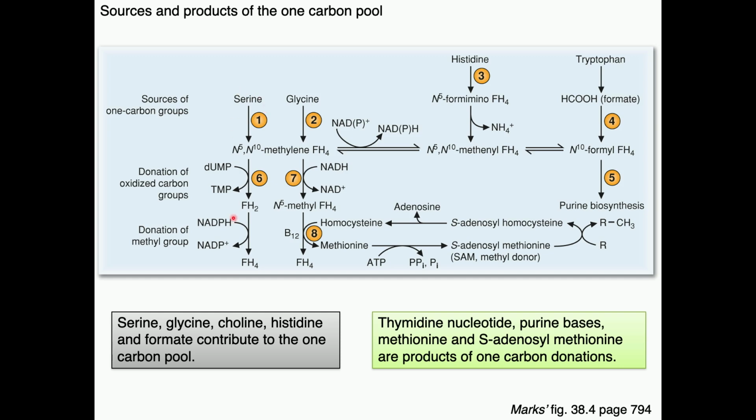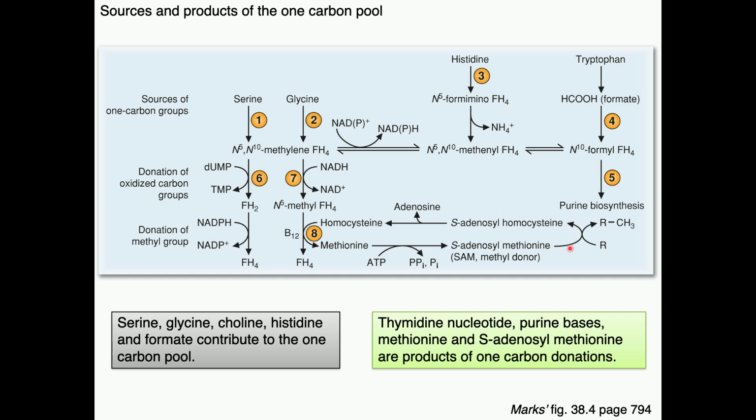Over here is the thymidylate synthase side. Thymidylate synthase is right here. That leaves the folate in the dihydrofolate oxidation state, and then it has to get re-reduced to tetrahydrofolate. Then the methionine cycle is shown down here.